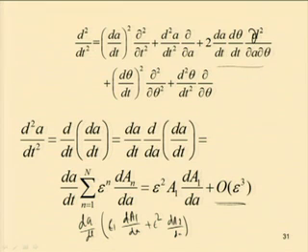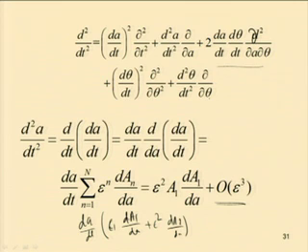This can be written as dA by dt whole square into del square u by del a square plus d square a by dt square del u by del a plus 2 dA by dt del theta by dt del square u by del a del theta plus d theta by dt whole square into del square u by del theta square plus d square theta by dt square into del u by del theta.